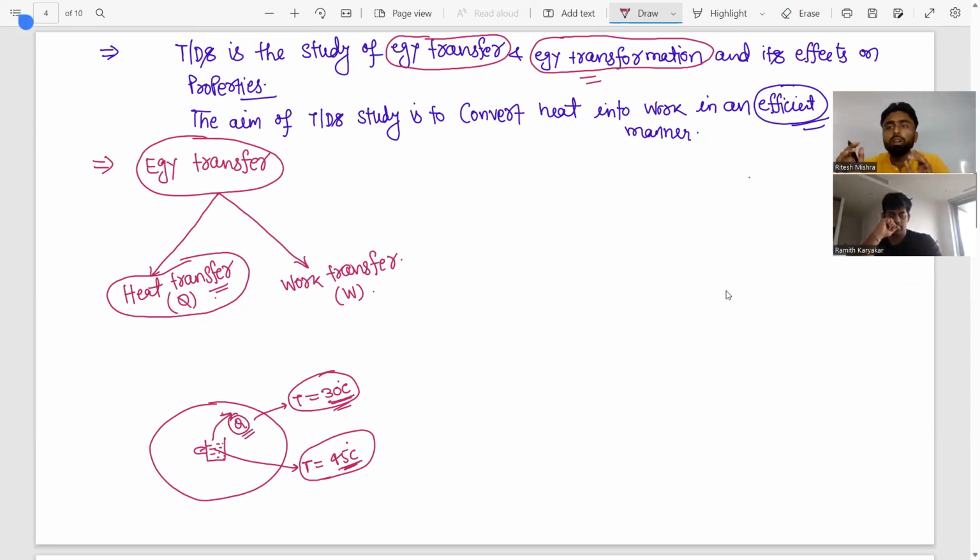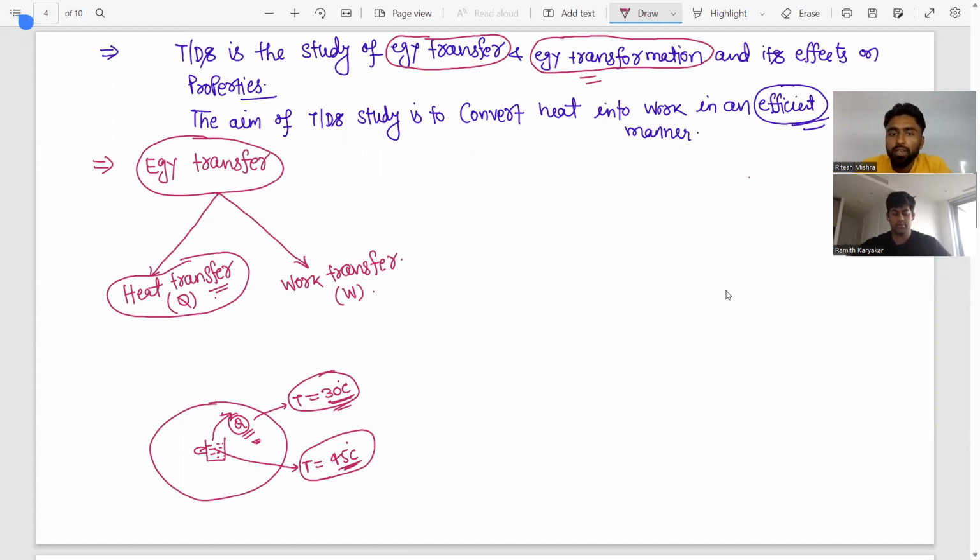So the temperature of the tea will decrease. But can the temperature of the room increase? No, it can't, because the capacity of this tea cup is very small in size.